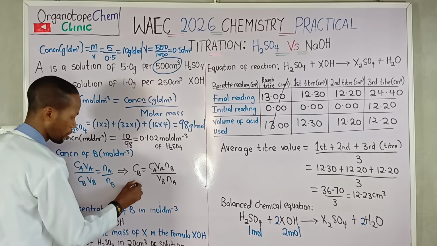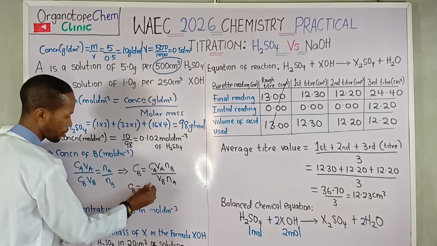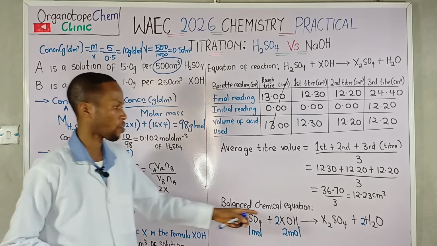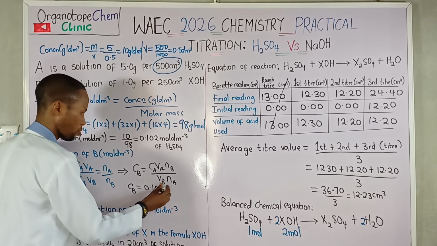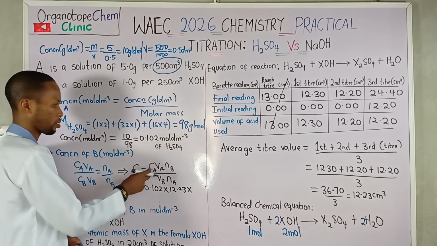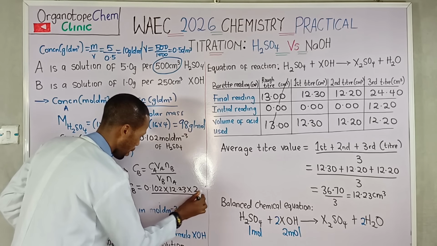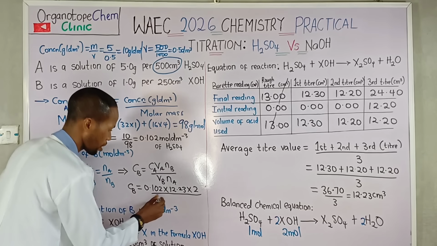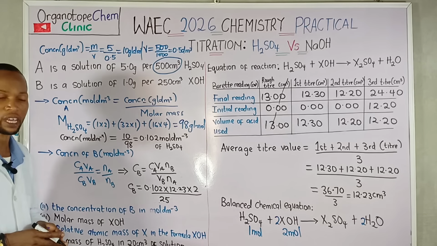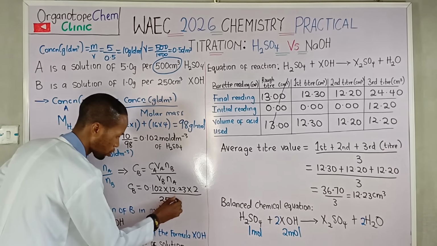Okay, so we have Cb equals, the Ca is 0.102 times the Va, that's the volume of acid consumed, which is 12.23, times the number of mole of base, which is 2, divided by the volume of base, which is 25. That's the volume of base pipetted, 25. Okay, and the number of mole of acid in the balanced equation is 1, so times 1.